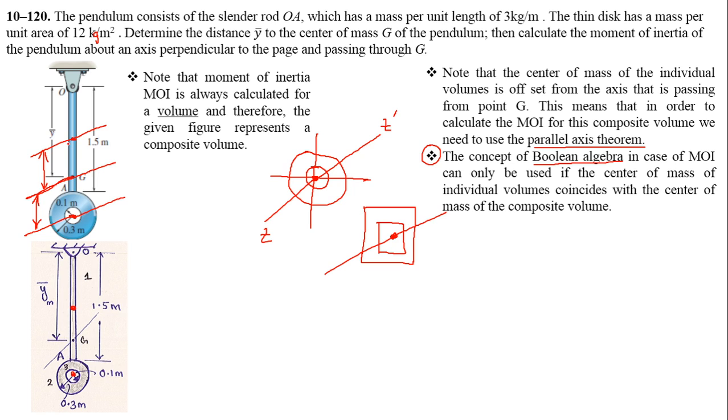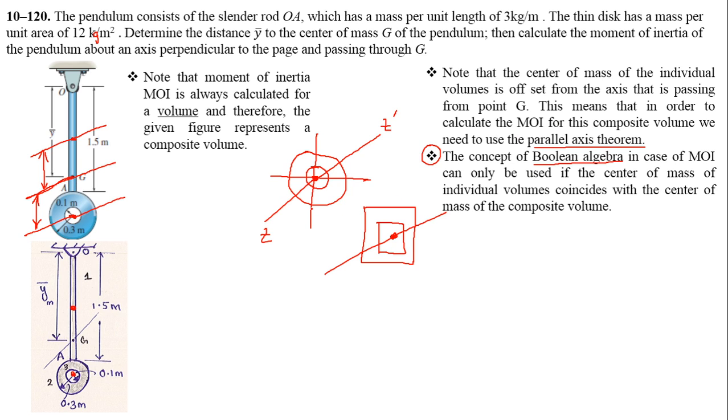But as soon as the centroids are offset from the axis about which you are calculating the moment of inertia, you cannot use Boolean algebra. You have to rely on parallel axis theorem.